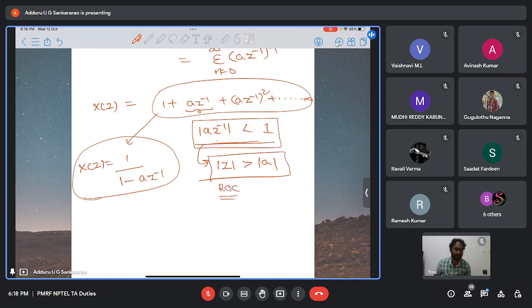In this way we will calculate the ROC for the Z transform. Just like you have seen many other properties, for the Z transform also we have different properties. We won't discuss the properties now. We will see some problems, and when the properties are required, we will touch upon them. Okay. Is that okay? Any doubts in this introduction to the Z transform?